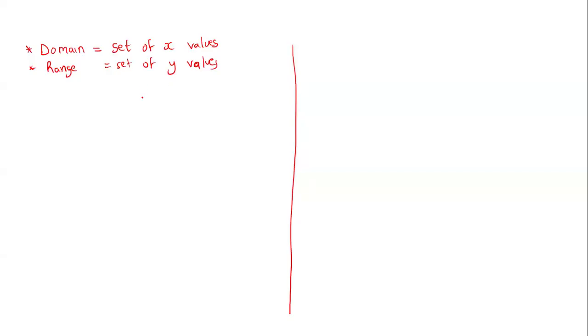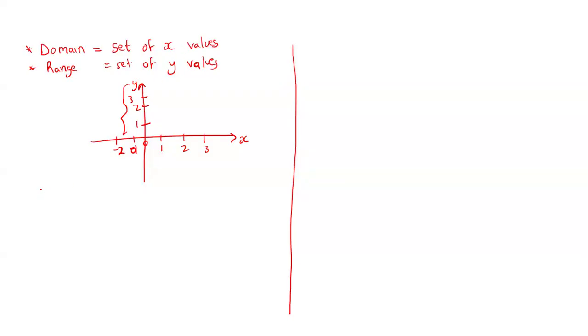When you have your Cartesian plane, the values you have along the x-axis constitute your domain, and the values you have along the y-axis constitute your range. So range refers to the y values, and the domain refers to the x values.